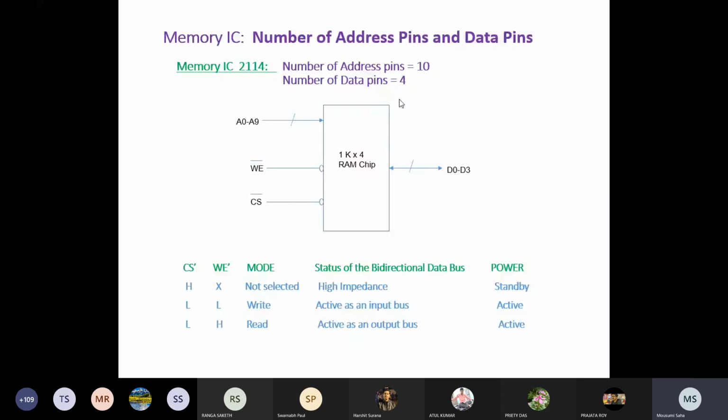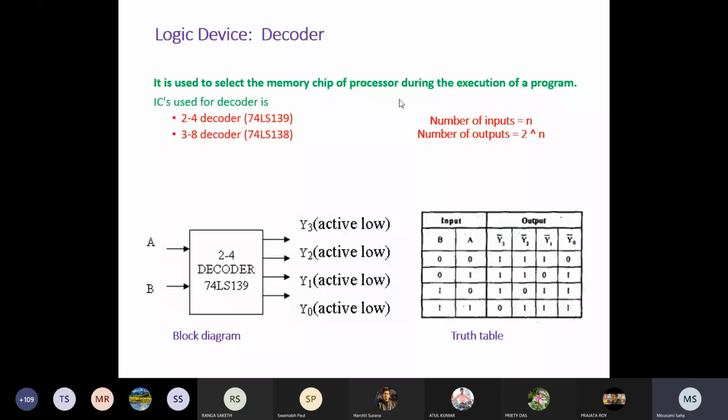The decoder is used to select different devices, or different memories, and memory selection is done by your chip select line, which is basically active low. For that reason we use a decoder circuit with active low output lines.